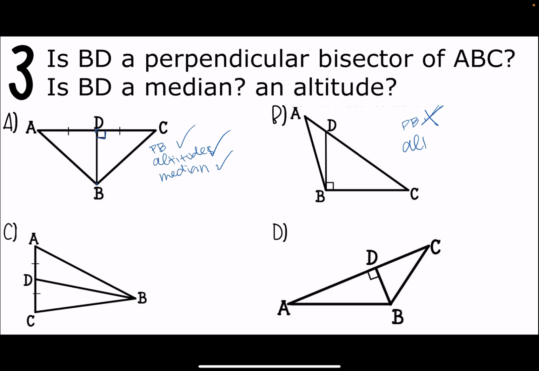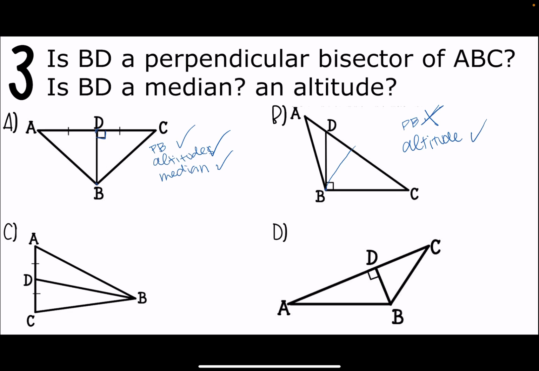It is an altitude, just because it's hitting it at, oh, well, look at that. It's not even that. Because your altitude should be going more like this, where it's hitting it from the vertex to the opposite side.